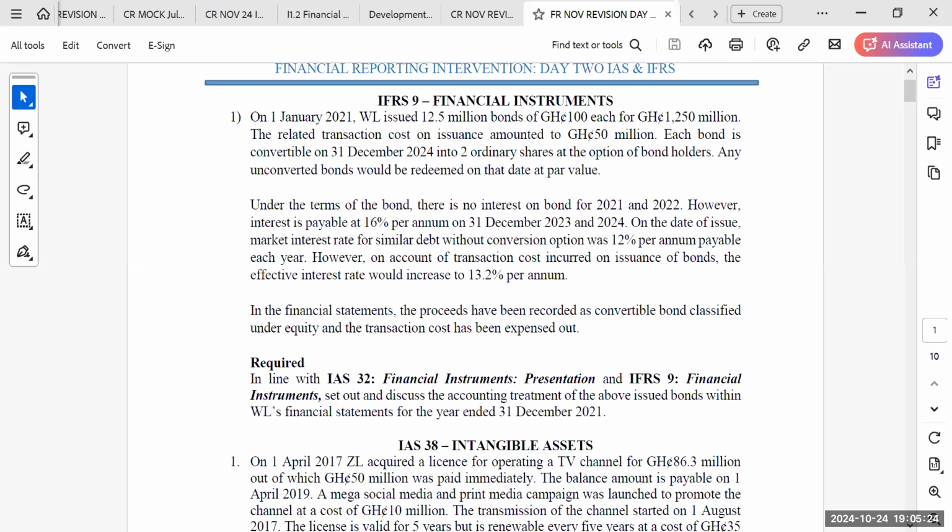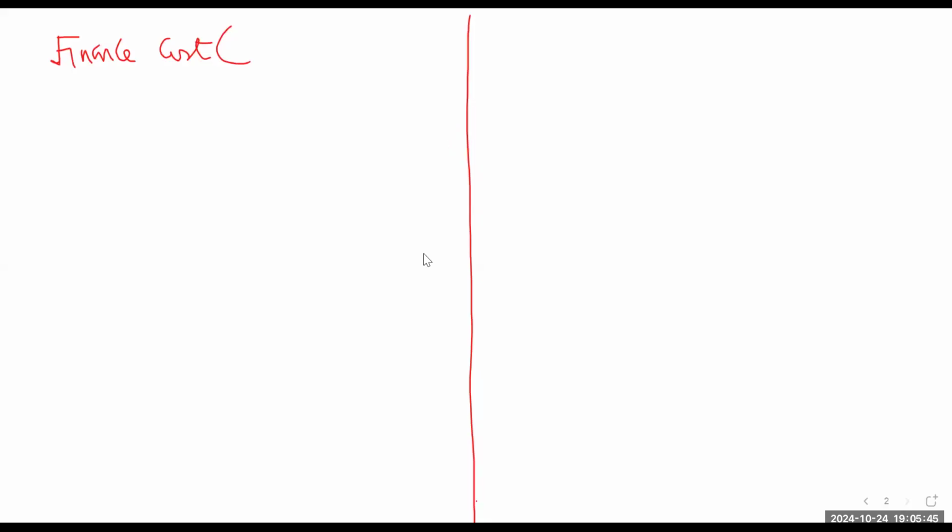We should have been using 12%, but because of the transaction cost, the effective interest rate has increased to 13.2. So use 13.2 to now account for this.